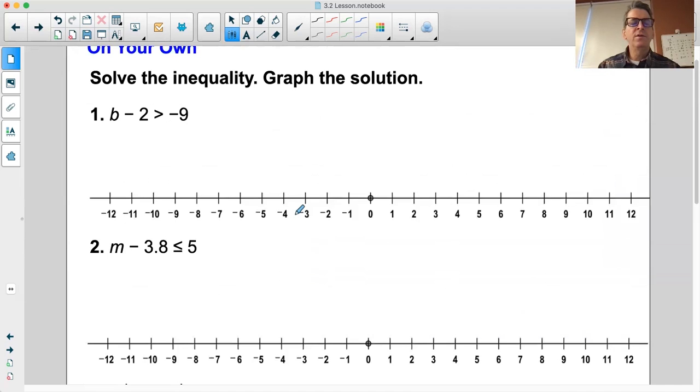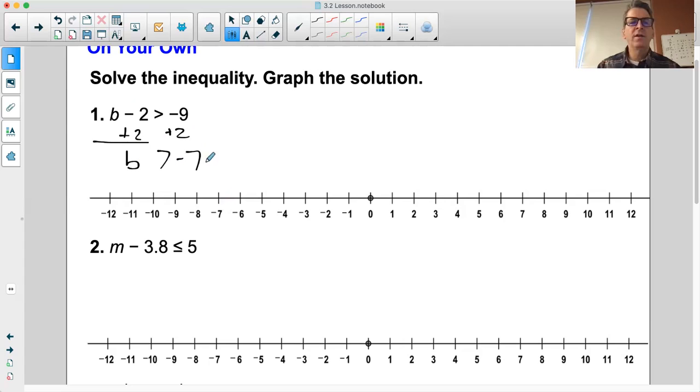B minus 2 greater than negative 9. Again, we're looking for the inverse of subtracting 2, which is adding 2. If we add 2 to the left side, we add 2 to the right side, and you end up with B is greater than negative 7.